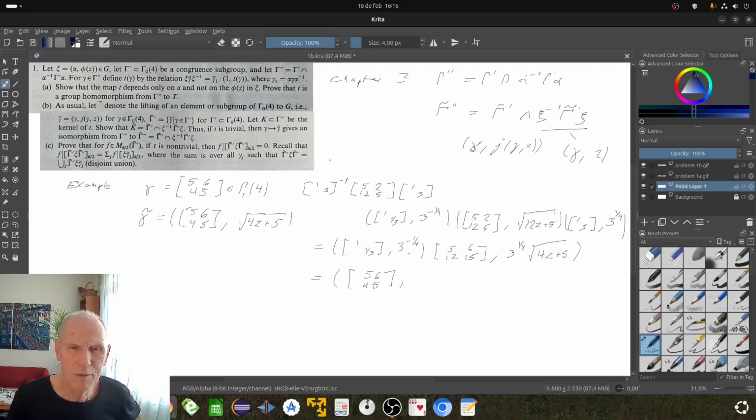And then we must operate on this guy, the set of, but that's just a constant, so that just gives the same, and then multiply by this.